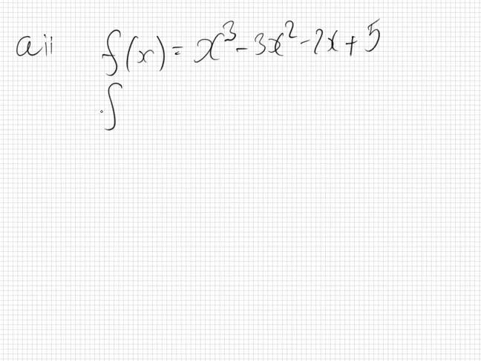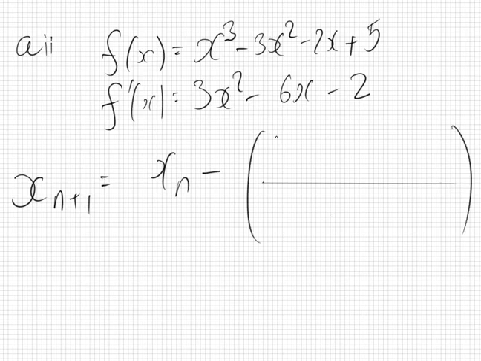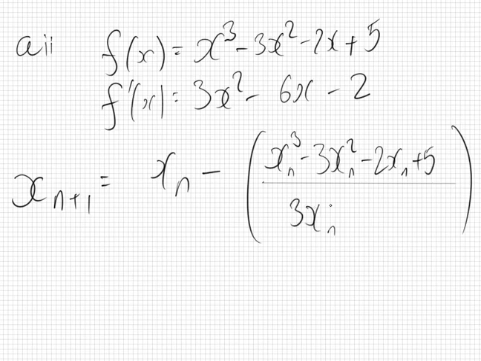And then the derivative is 3x squared minus 6x minus 2. So the Newton-Raphson formula is this: xn plus 1 equals xn minus, and then we put the function on the top, and then we put its derivative on the bottom.